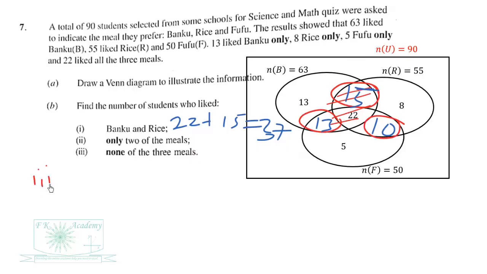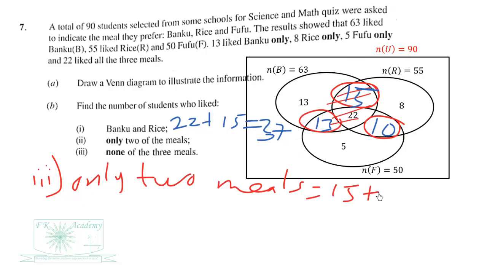So only two of the meals is equal to 15 plus 10 plus 13. And that will give us 38, not 48.